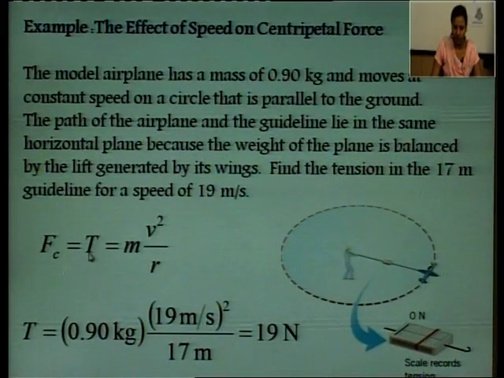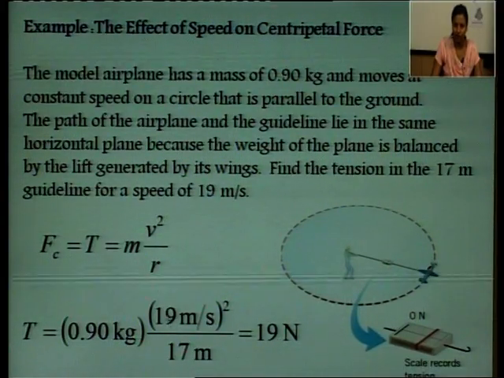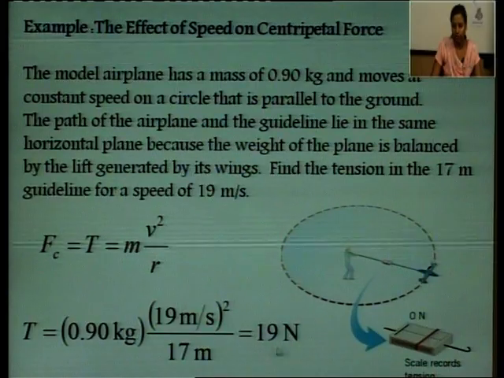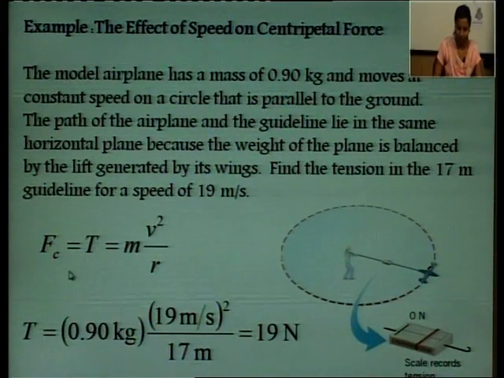So force is equal to tension here. So this centripetal force is equal to the tension. It is equal to mv square upon r. Mass is 0.9, velocity is 19 and radius is 17 meter. So after calculating, tension is equal to 19 Newton, which is equal to the centripetal force.